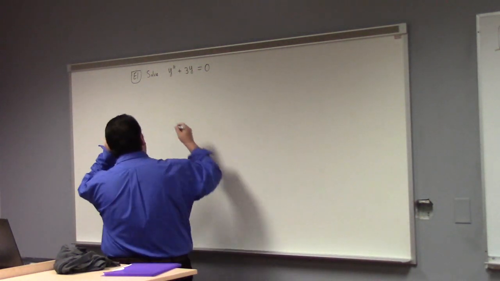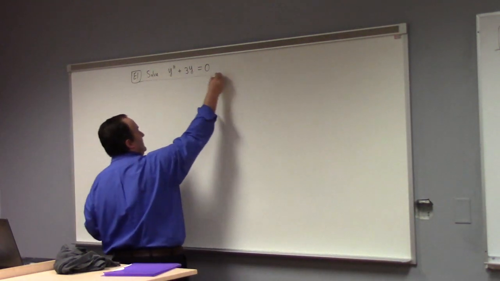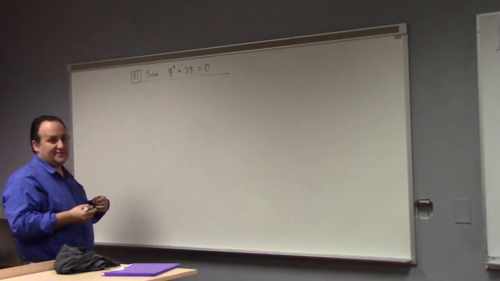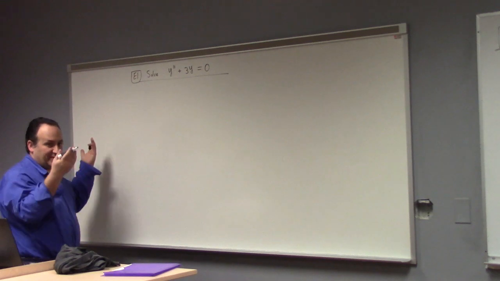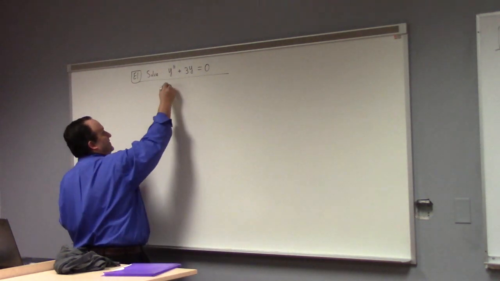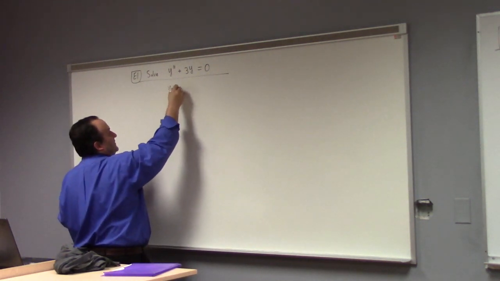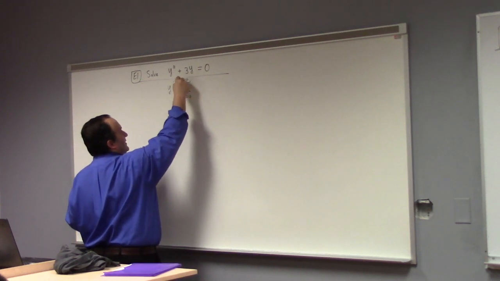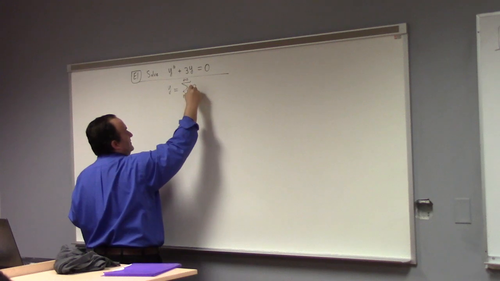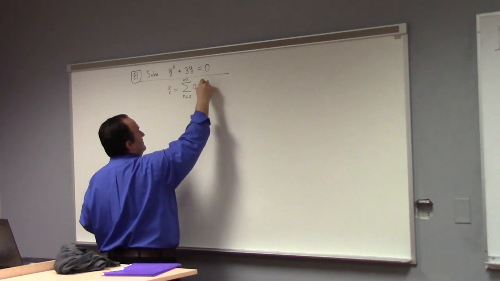The way to solve this with power series methods is pretty simple. You assume the answer is a power series, and then you plug it in. That's pretty much it. But then the devil's in the details, of course. So let's suppose y is equal to the sum n equals 0 to infinity of a sub n times x to the power n.